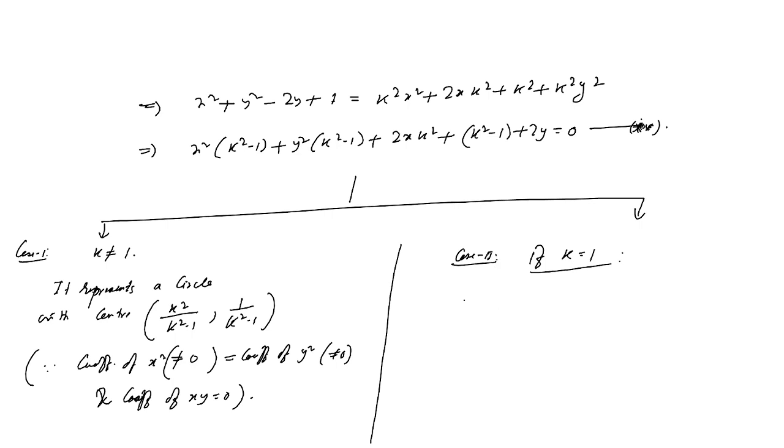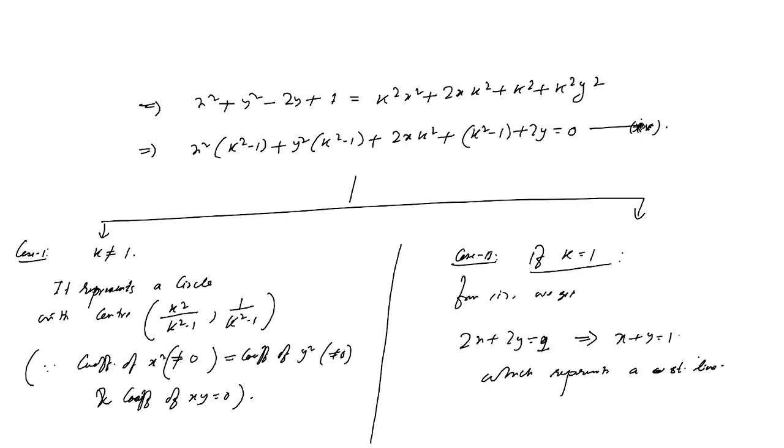So in this case, from the equation we get 2x plus 2y equals 0, so x plus y equals 0, x equals minus y.